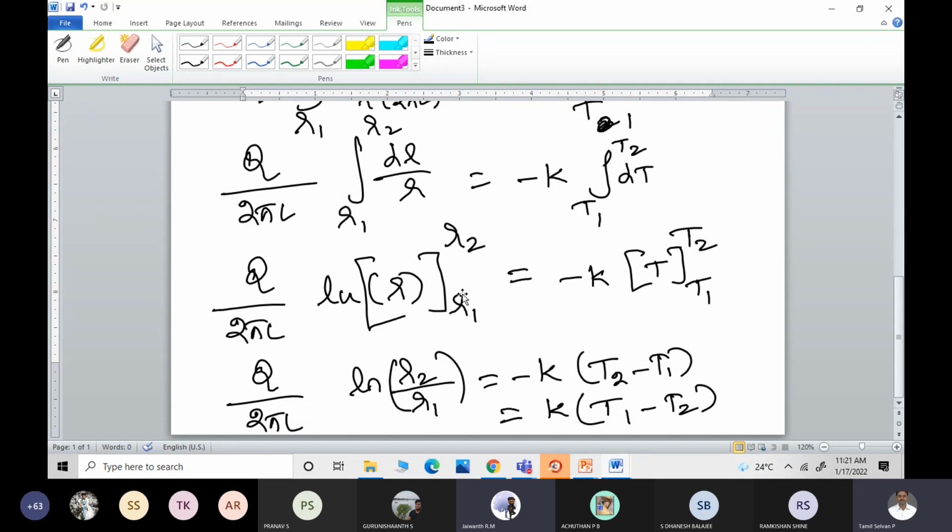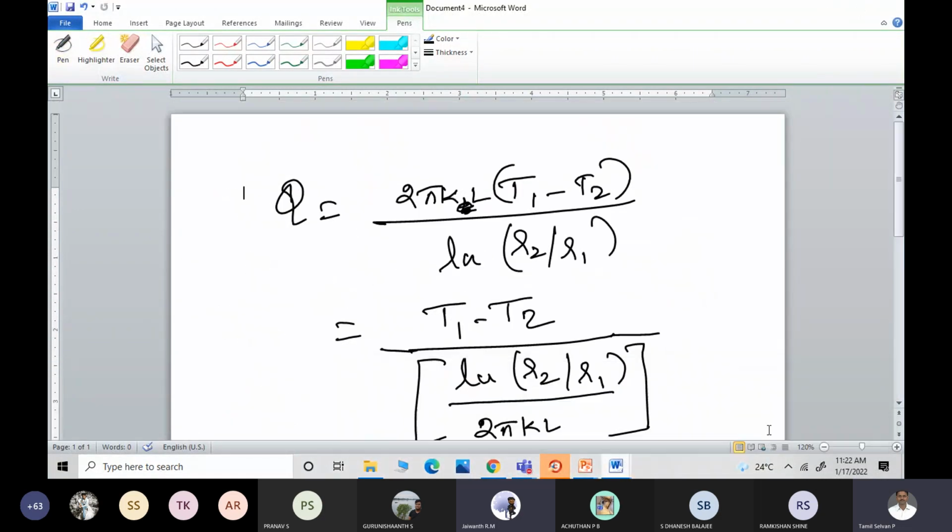The integral of 1 by r dr is natural log of r, and when you substitute the upper and lower limits r2 and r1, it becomes natural log of r2 minus natural log of r1. We can rewrite it as Q into 2 pi L divided into natural log of r2 divided by r1, which is equal to minus k into T2 minus T1. When the minus sign enters inside, it becomes k into T1 minus T2.